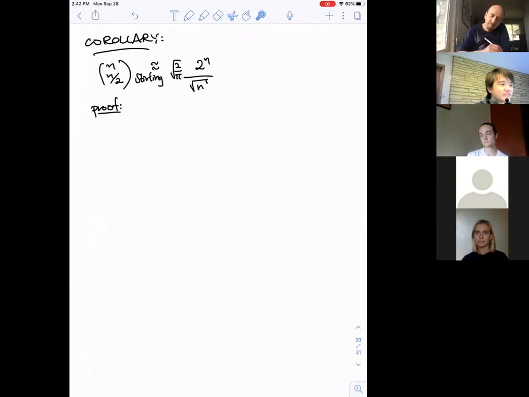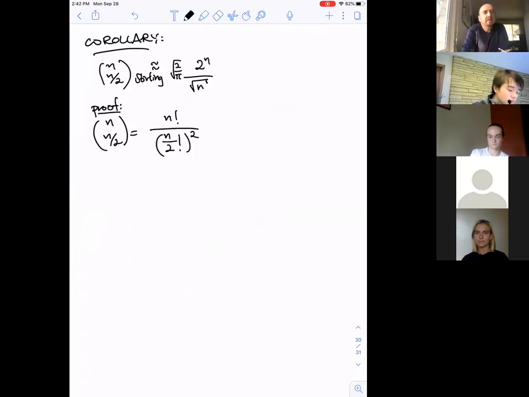Good. So let's just check this. n choose n over 2 is on the nose equal to n factorial divided by n over 2 factorial squared. Stirling says, all right, we can approximate those n factorials and those n over 2 factorials as n gets large.